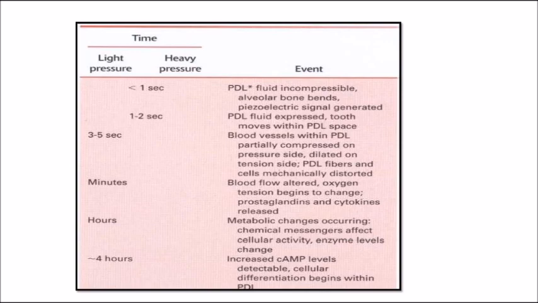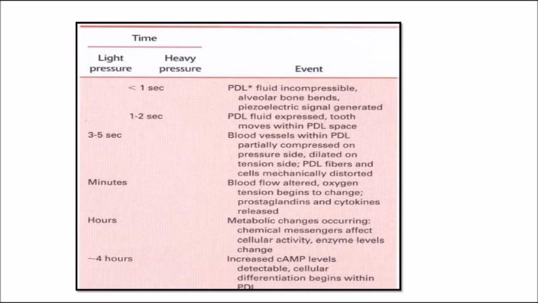Now if this light pressure is maintained for a few minutes, the blood flow will get altered, then oxygen tension begins to change and prostaglandins and cytokines will get released. So within a few minutes the biochemical reaction begins, because the blood vessels are getting compressed on the pressure side and dilated on the tension side, so the blood flow will get altered.